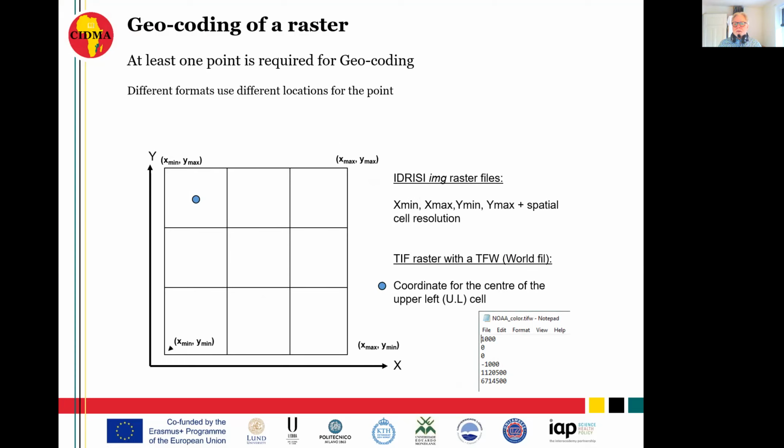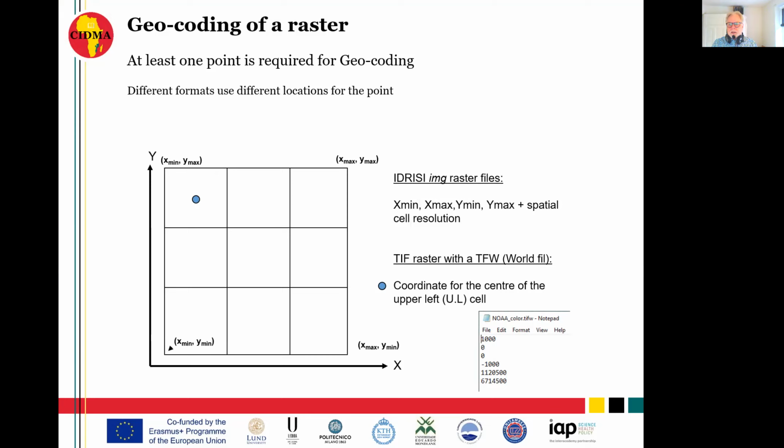Normally, as the raster matrix is a very structured way of storing data, it is actually possible to have a geocoding by providing only one coordinate somewhere in the data set. It's a bit different for different formats.